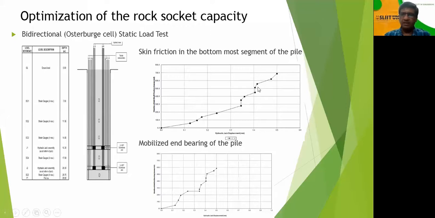You can see the skin friction there also is about 7,700 kilopascal, much more than the 200 that we are talking about. And because of the problem of the skin friction here, you cannot mobilize the full end bearing. So the end bearing is also increasing here even at very low displacement values.